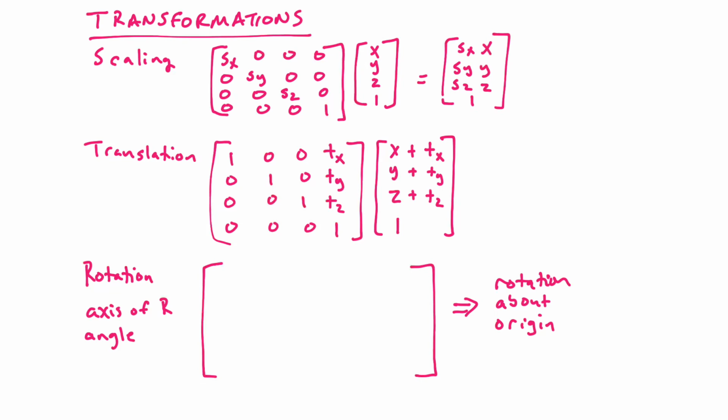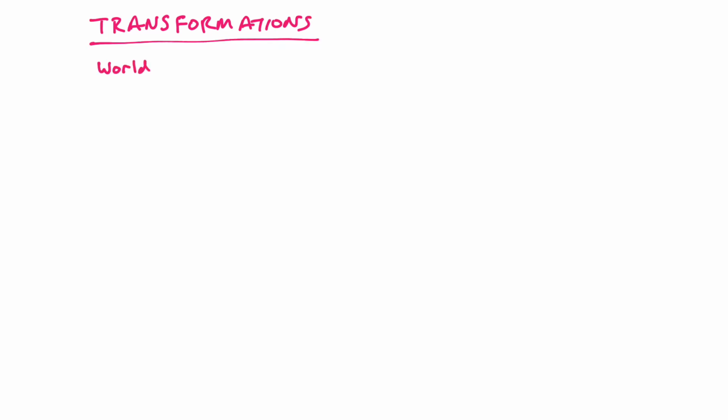The next thing that we need to know about transformations is that we go right to left. So what that means is that if we have a world matrix, this takes us from local coordinate space or model space to world space. In other words, where is it located in the 3D world?